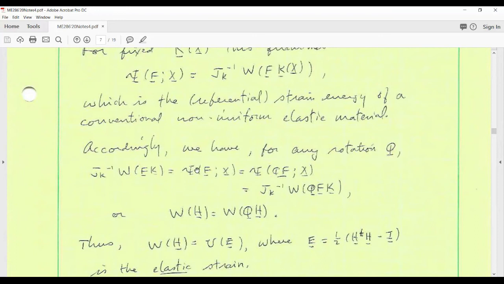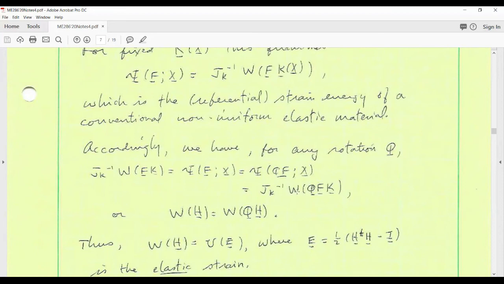Of course, this psi is just by definition given here. This psi, we're fixing the K in this discussion, so we don't change J_K. We're just replacing F by QF, right?